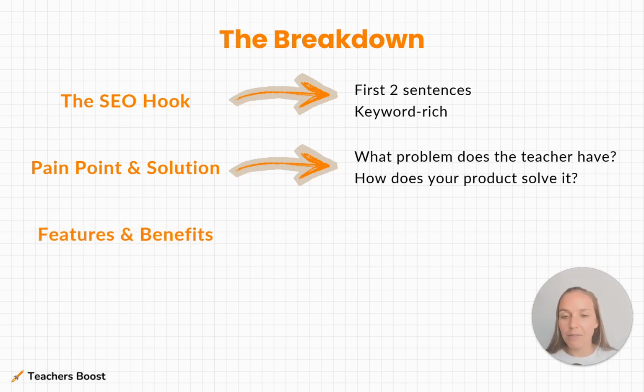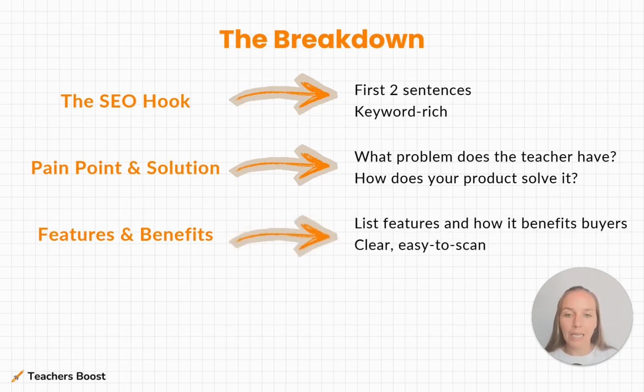Next, we have the features and the benefits of your products. So this should always be a clear, easy to scan list of exactly what the teacher gets and how it helps them. So it saves 3 hours of lesson planning time or something along those lines.